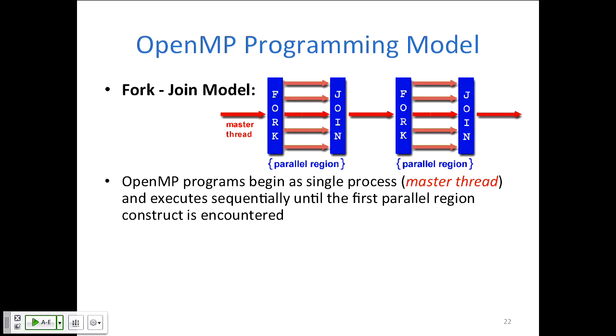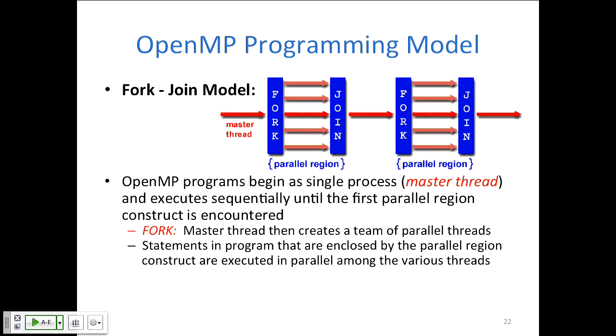So the master thread is always running. Once it enters this region, it just becomes one of the workers. But inside the parallel regions is the only point where you have the parallel code executed. So the way that OpenMP programming works is you basically annotate your code with where you want the parallel regions and some details about that parallel region. But otherwise, it looks like plain serial C code.